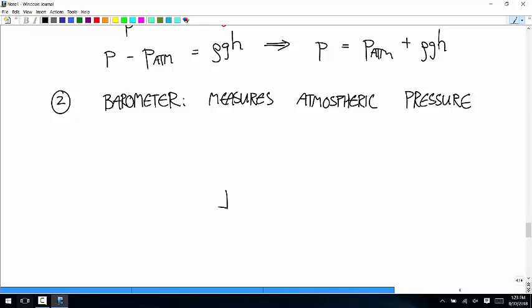You have a dish, and liquid can go from this dish up into a tube that's enclosed at the top.